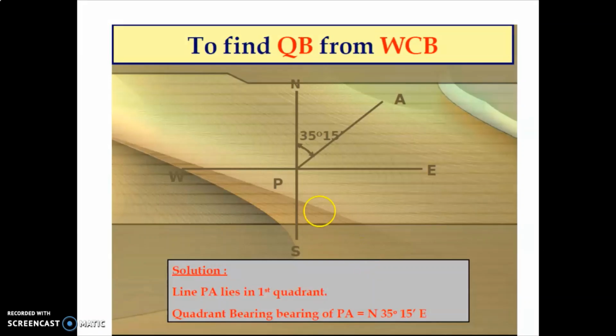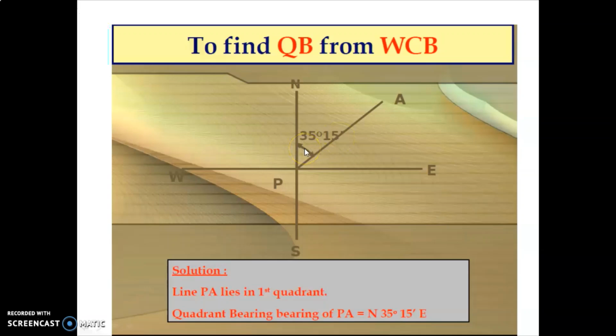Now here some more examples are there. This example is to find QB, meaning quadrantal bearing, meaning reduced bearing from WCB. You can see here I have drawn one figure, and north, east, south, west are the four quadrants, and line PA is given with the WCB value of 35 degrees 15 minutes, which lies in the first quadrant.